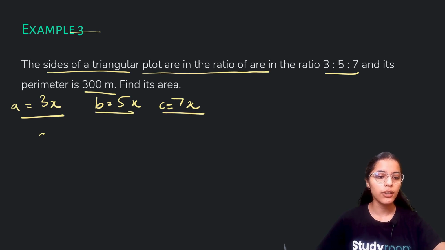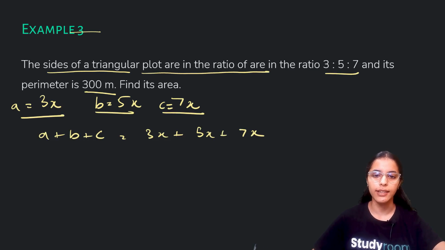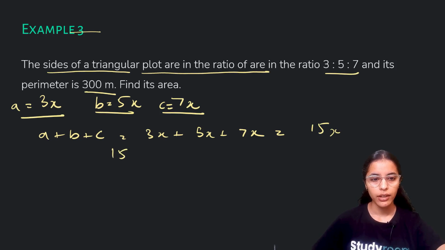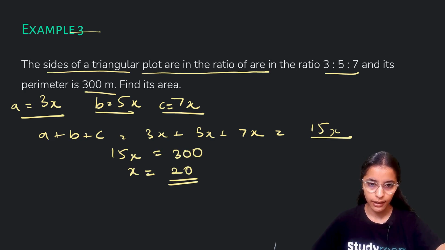To find the perimeter, all we have to do is A plus B plus C, which is 3x plus 5x plus 7x. Once we add them, we'll get the perimeter to be 15x. Now let us equate the perimeter that we have found over here with the actual perimeter that is given, this 300. So our x will come out to be 20.